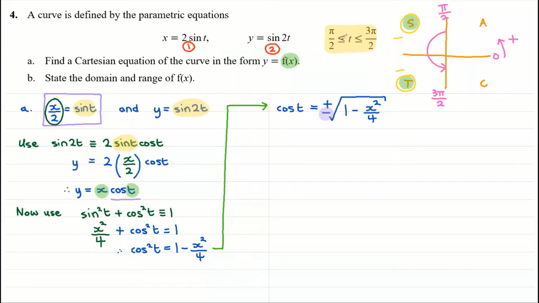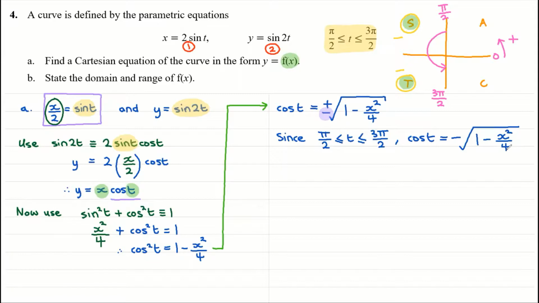Since t is bounded between pi over 2 inclusive and 3 pi over 2, we've now deduced that cos t must be negative, and we have an expression for it as 1 subtract x squared over 4 all square rooted. That means that it's got to be negative.